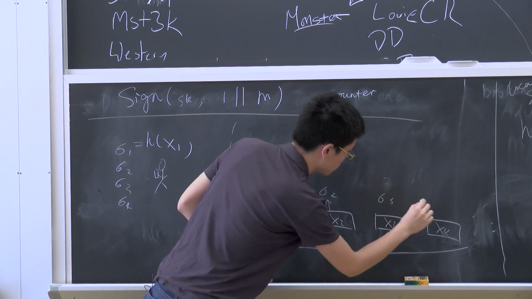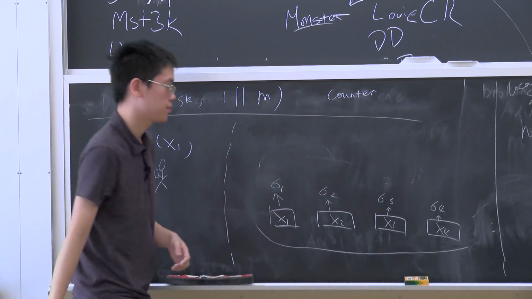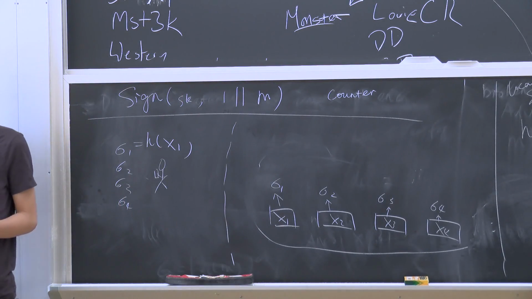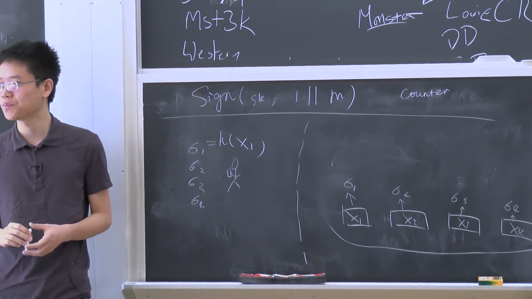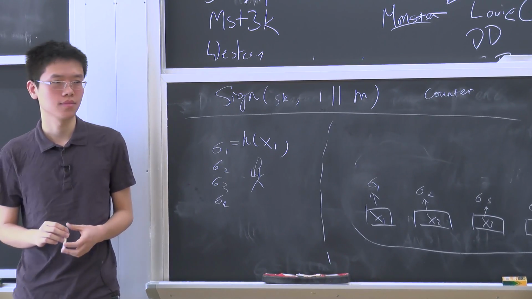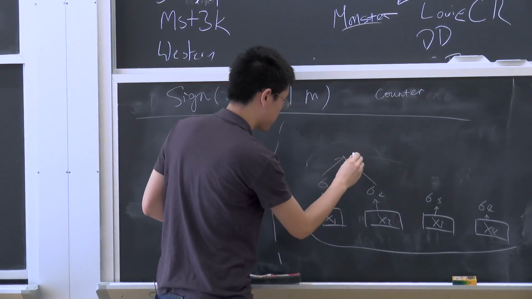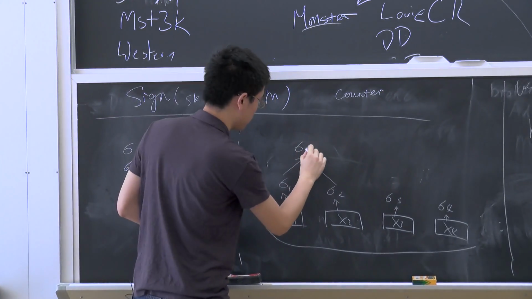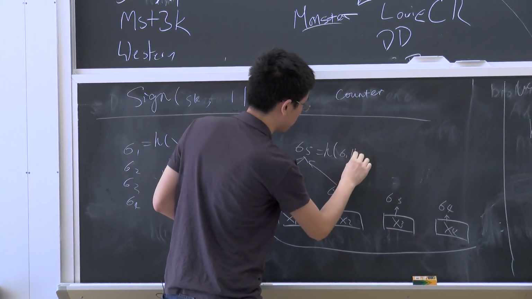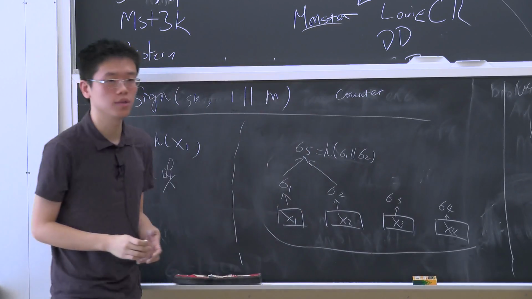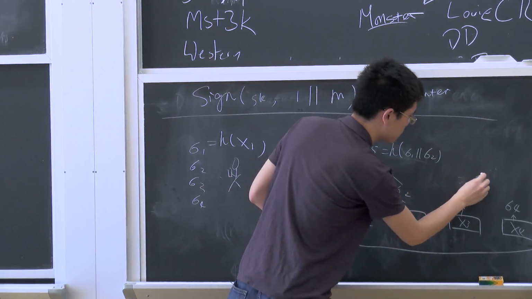Sigma 2, sigma 3, sigma 4. So I set up a hash tree, and guess what's the next step to do? Yeah, exactly. We're going to create a sigma 5, which is the hash of sigma 1 concatenated with sigma 2.